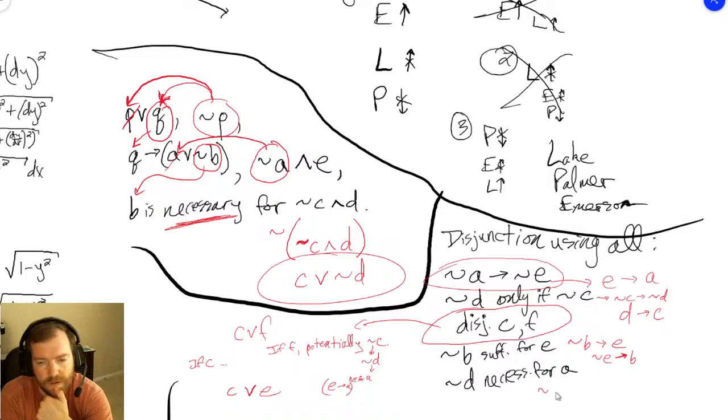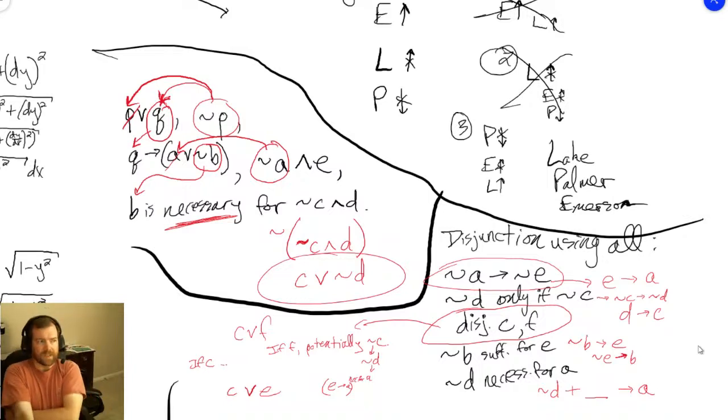So not D plus something is going to imply A. So not D is something that you need in order to imply A. However, it's not necessarily the only thing that you need.